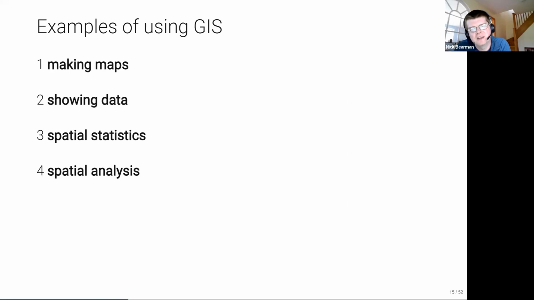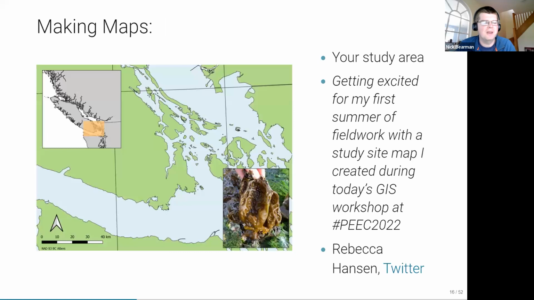When talking about GIS, I thought it would be useful to split things up into 4 different types of map, types of analysis, if we want to think about it like this. So we can start off with what might be a relatively basic map. It's a kind of you are here, a kind of this is your study area type map. Yes, this is basic, but that doesn't mean it's not useful.